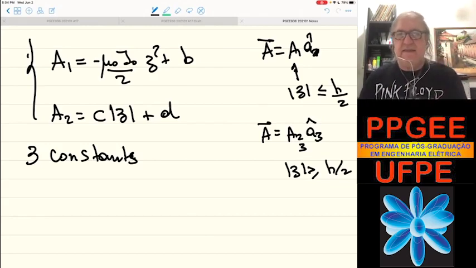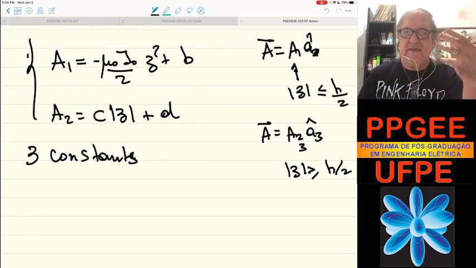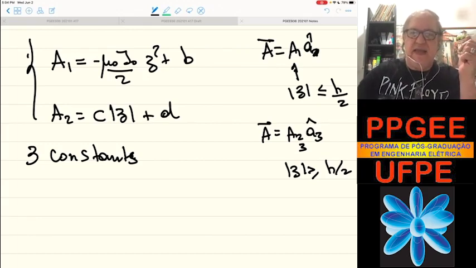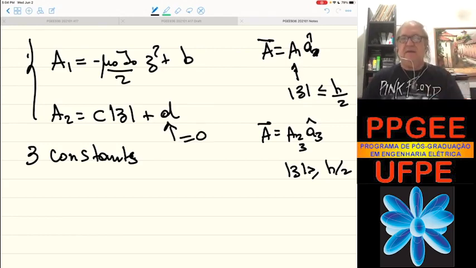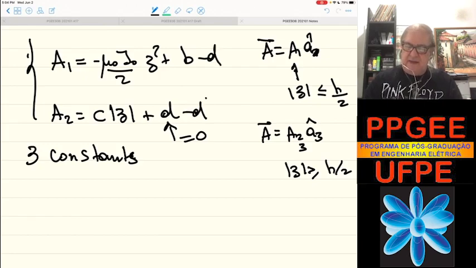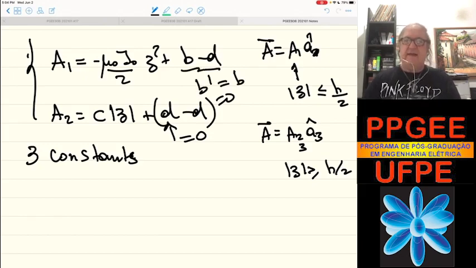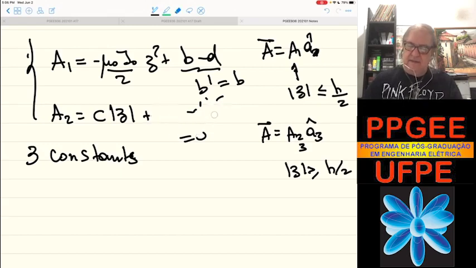So I can set this third undetermined constant to an arbitrary value. I'm going to set it so that this term equals 0. So I subtract D everywhere: it's going to be B minus D, and D minus D is 0. This B minus D becomes a B prime, which I call B again. So the solution is proposed like this without loss of generality.